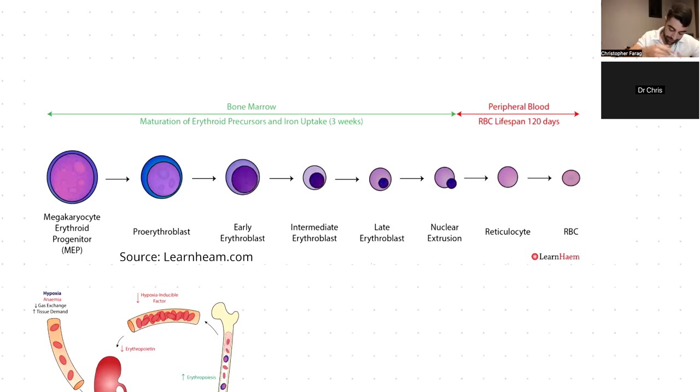Okay. Now, in this bone marrow, there's a complex process, and this is a scary looking diagram, to be honest, but it can be grouped together into the progenitor cell over here, the proerythroblast, then the erythroblasts, the reticulocytes, and the red blood cell.